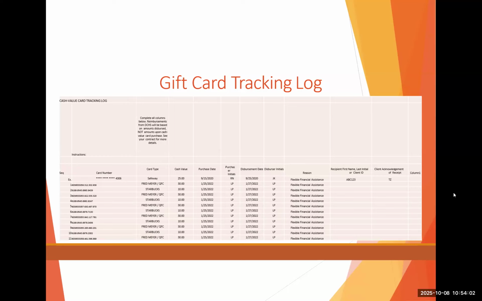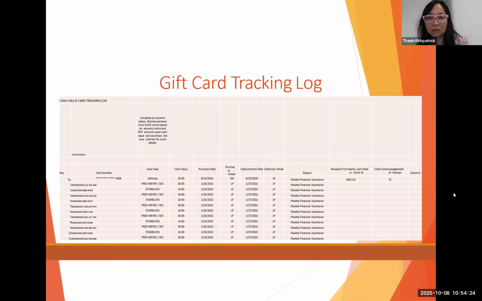And then for the limit on the cash card, I think it just depends on what you're doing. There's no set cap on cash value card reimbursement or stipends or activities or incentives. However, it will be subject to the reasonableness test.